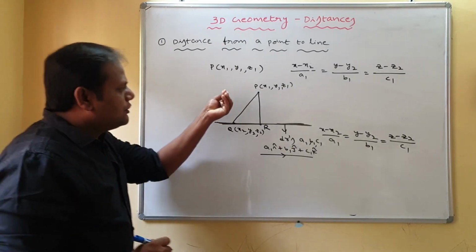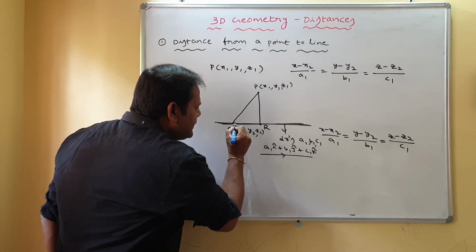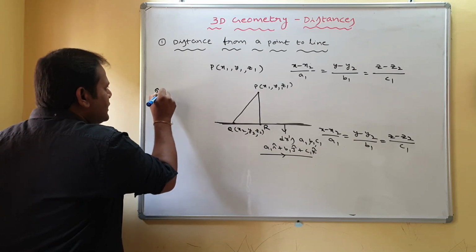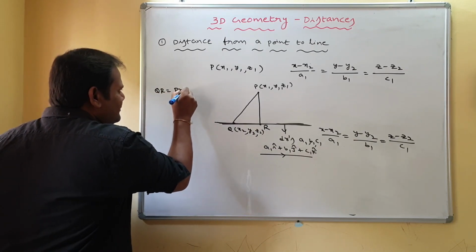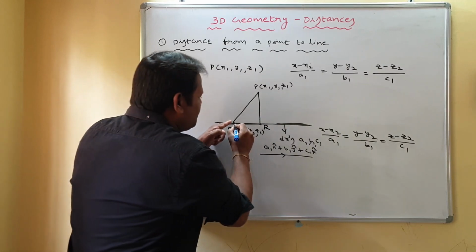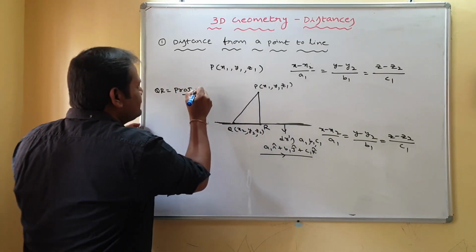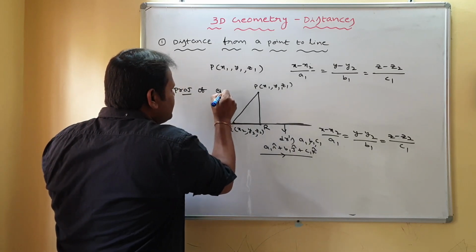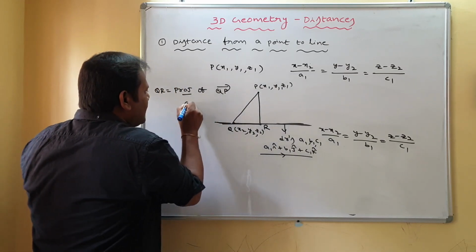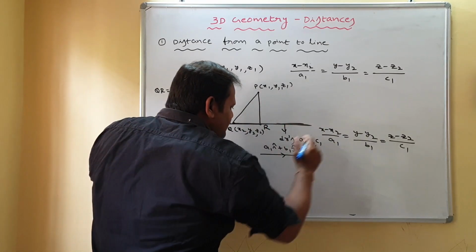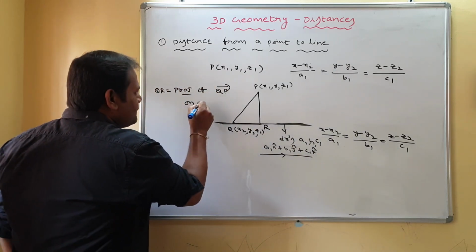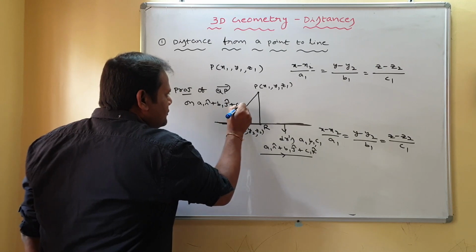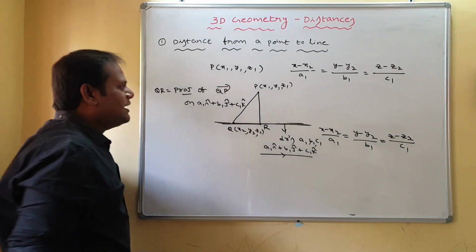Now you tell me, that is QR, the projection of what? Projection of QP bar on what vector? A1 i cap plus B1 j cap plus C1 k cap.